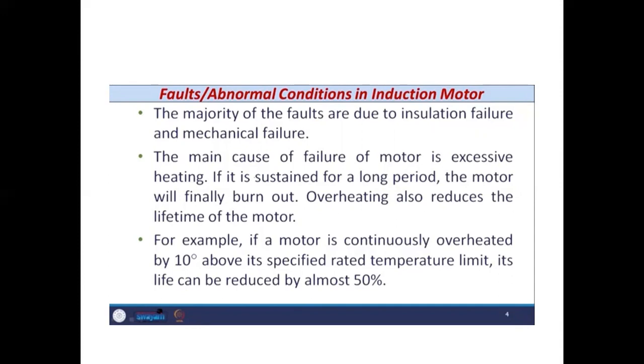Overheating also reduces the lifetime of the motor. For example, if the motor is continuously overheated, say 10 degrees above the temperature specified in the data sheet by the manufacturer, then its life can be reduced by almost 50%.